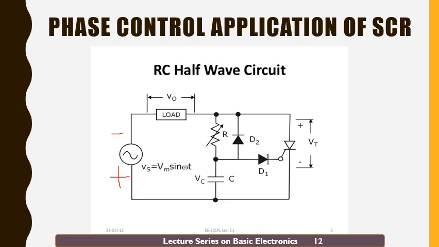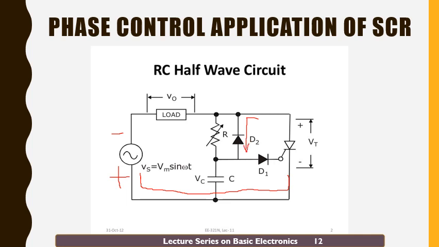So the current that is flowing will flow through here. This is reverse biased, so the current should be flowing through this particular diode.